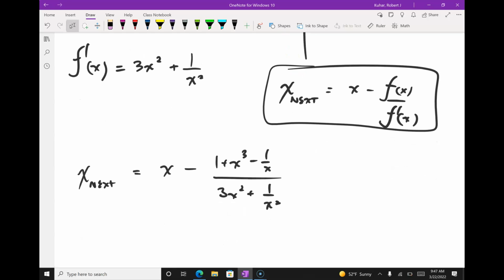Why? That's right, it's not. I want one completely factored term, and it's probably going to be a fraction. I don't like fractions within fractions, so what am I going to do to this? Multiply by x squared over x squared. I am going to do that, but I like to clear fractions first.